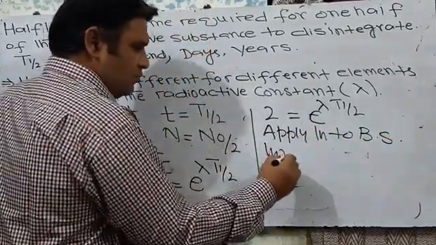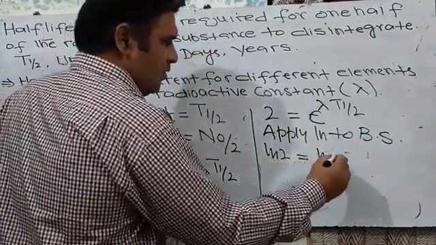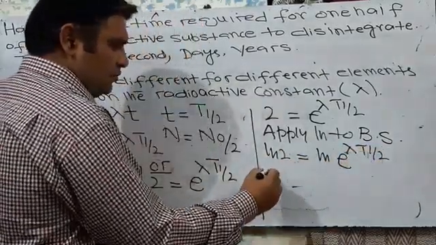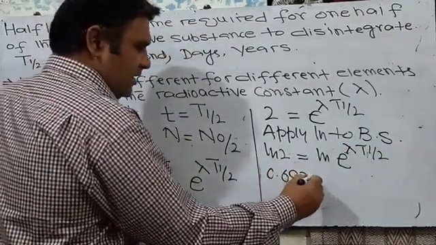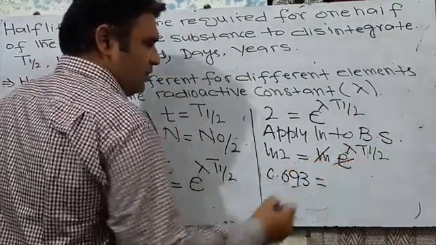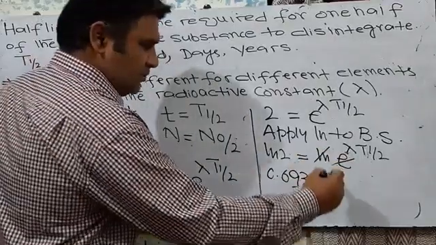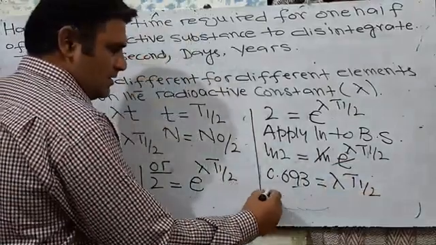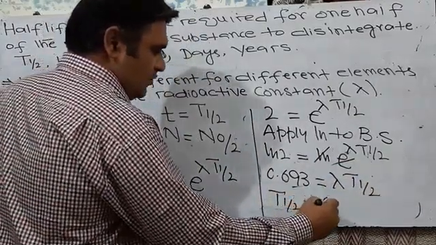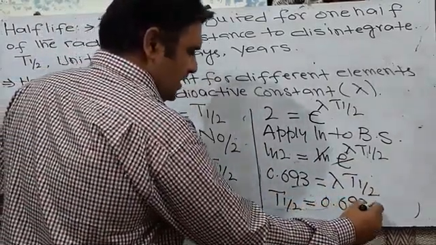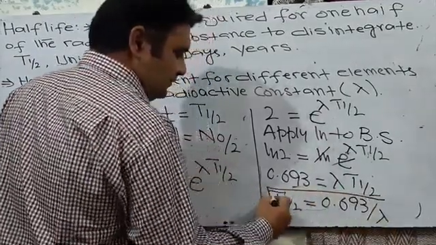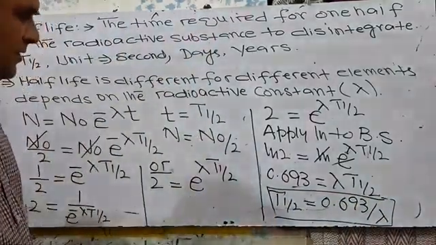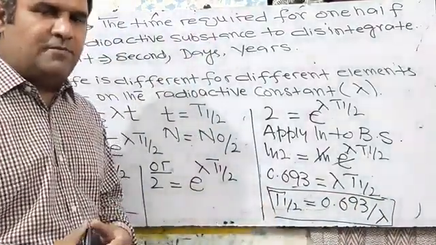So log 2 is equal to log E lambda T1/2. So log 2 is equal to 0.693. Log and exponential function are inverse to each other. So we have lambda T1/2, or T1/2 is equal to 0.693 upon lambda. So this is the equation of the half-life time of the radioactive element.